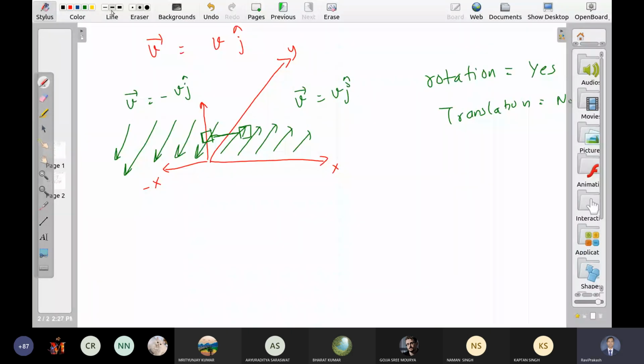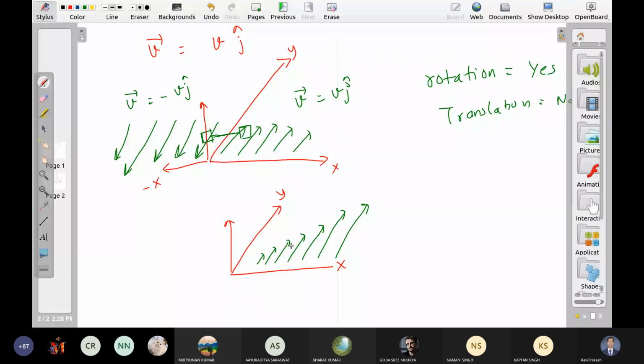The third case, and the third can be the most general case. This is the flow of air. What I saw is that as you go along the x-axis, the velocity of air is increasing.